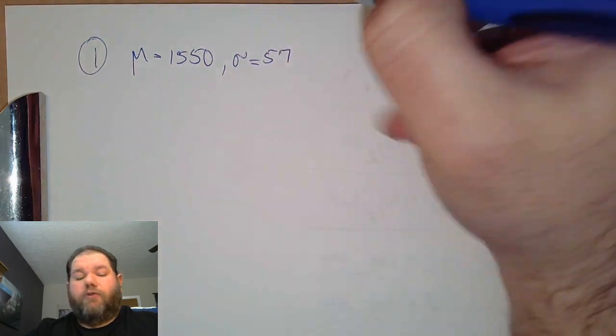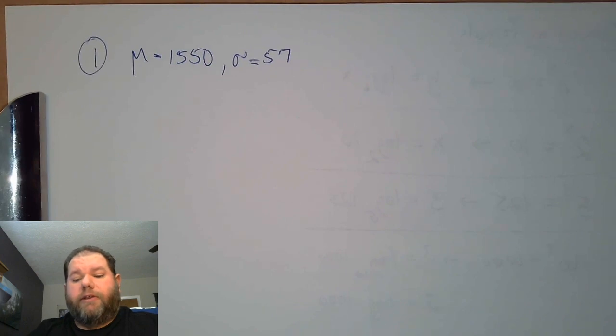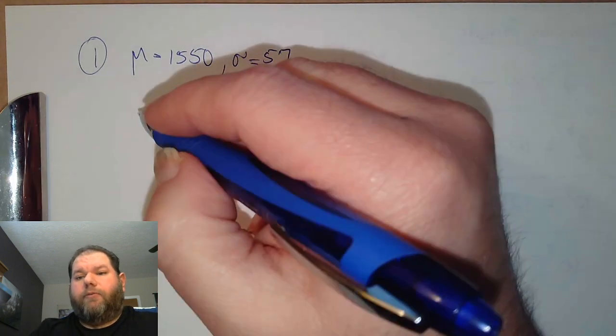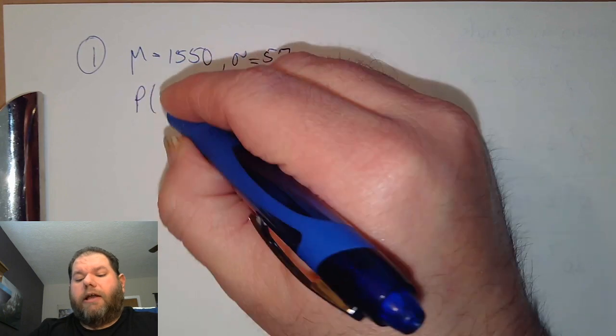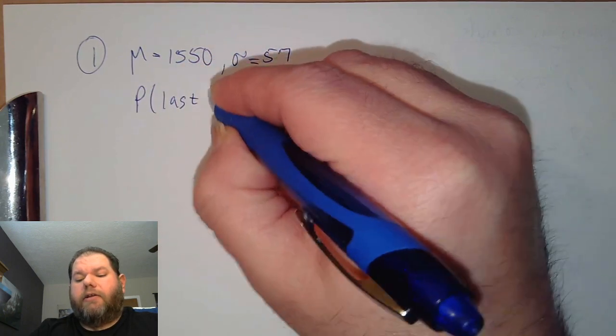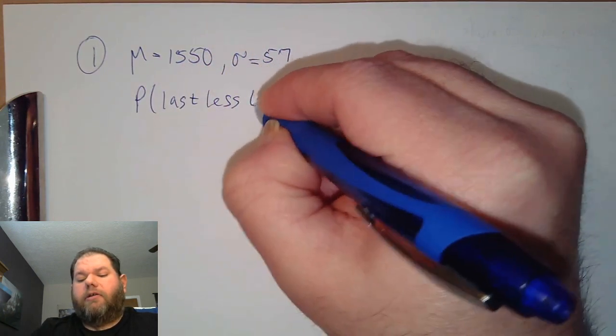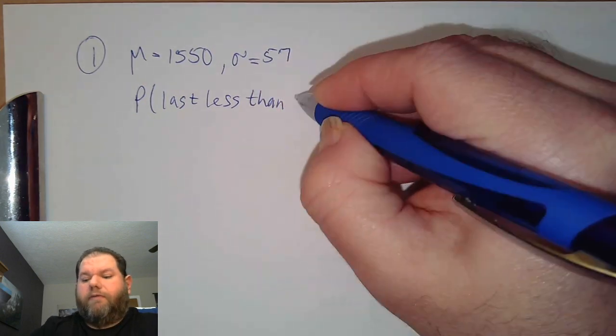So this information is provided to us. We know the mean is 1,550 and the standard deviation is 57. And so question 1 says, what is the probability that a light bulb will last less than 1,500 hours?